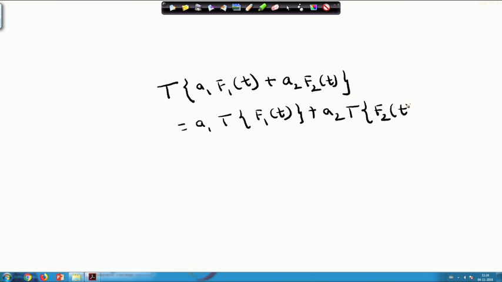So, if we write down this thing, you have a transform T. For this transform T, if we have two functions f1(t) and f2(t), and if for any constants a1 and a2, transformation of a1 f1(t) plus a2 f2(t) equals a1 transform of f1(t) plus a2 into transform of f2(t), then we say that this is a linear transformation.